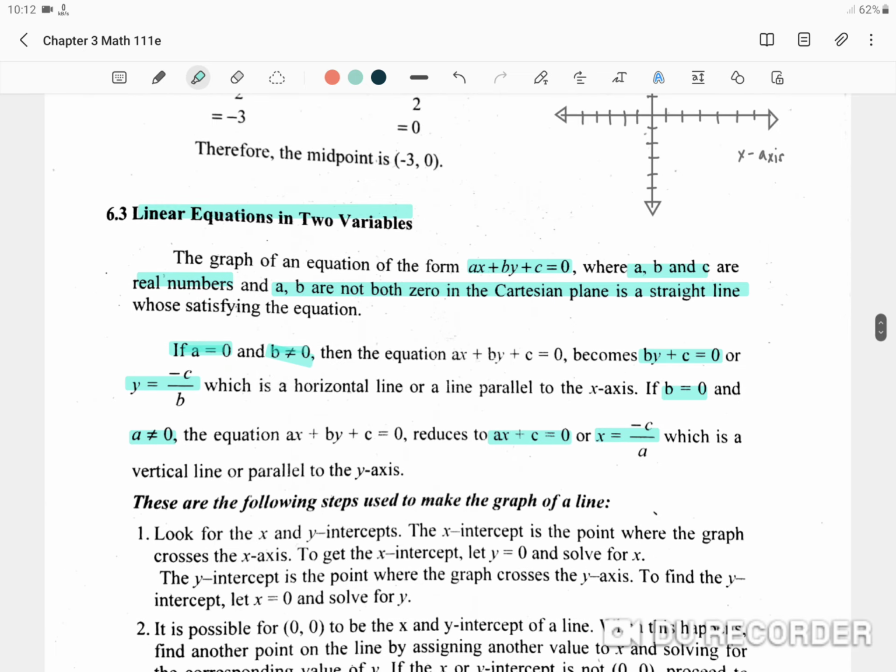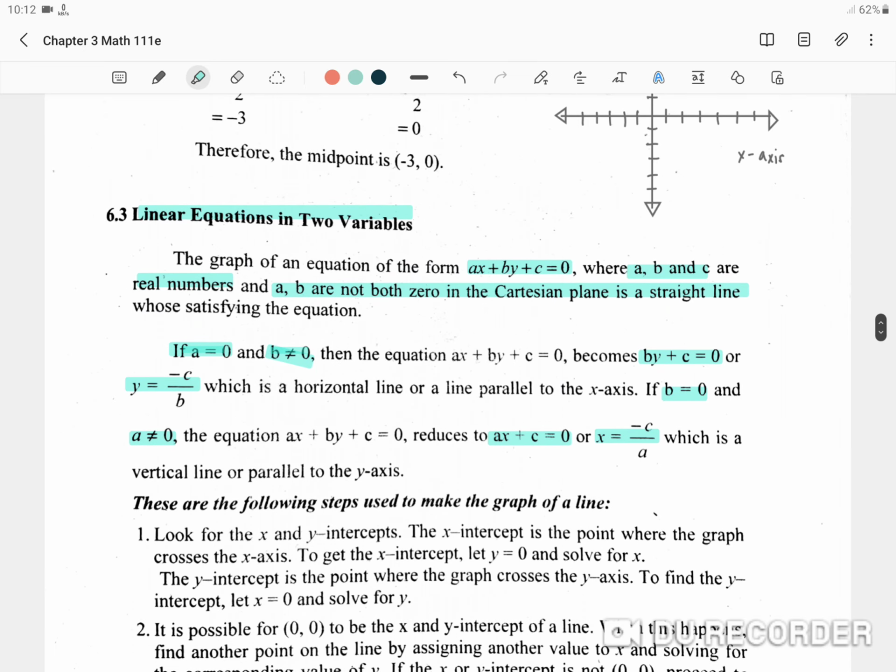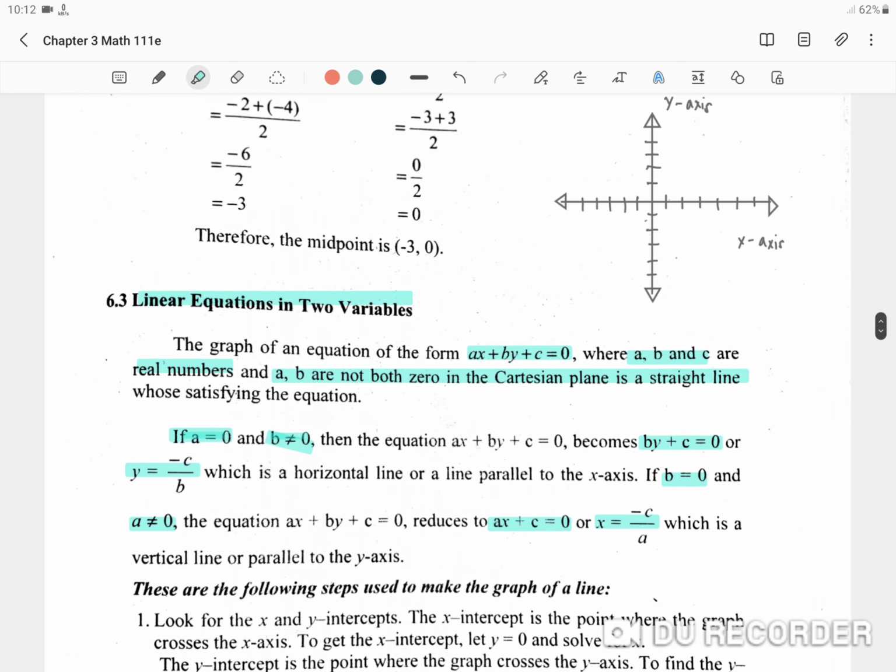Okay, so let us try to demonstrate or to show that in a Cartesian plane. Sabi dito, if a natin is equal to 0 and b is not equal to 0, magkakaroon tayo ng horizontal line or line parallel to the x-axis.